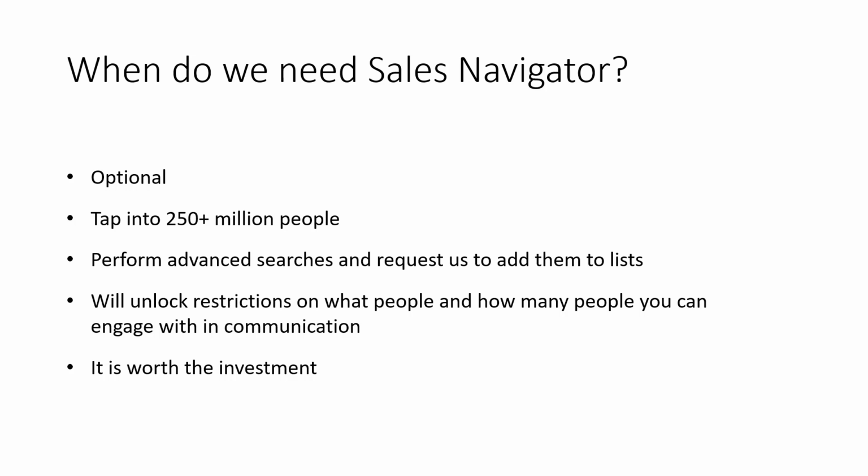And then what you can do on our platform is to request us to add one of those searches to a list on our platform, and then you'll be able to add those people in campaigns on our platform. And so that is one of the reasons you should consider getting Sales Navigator.